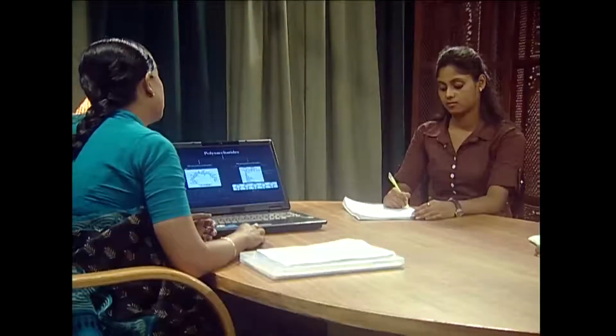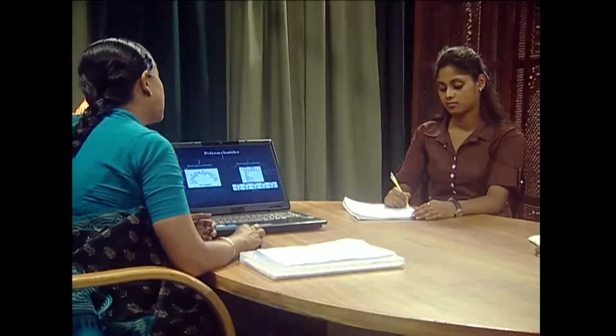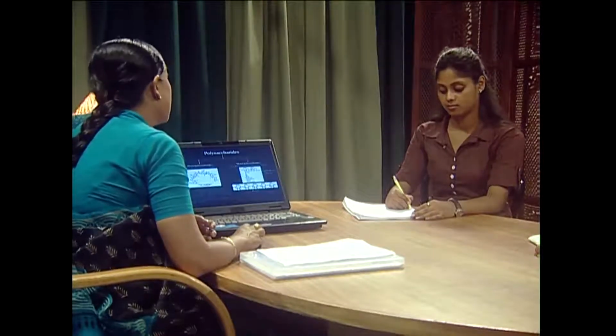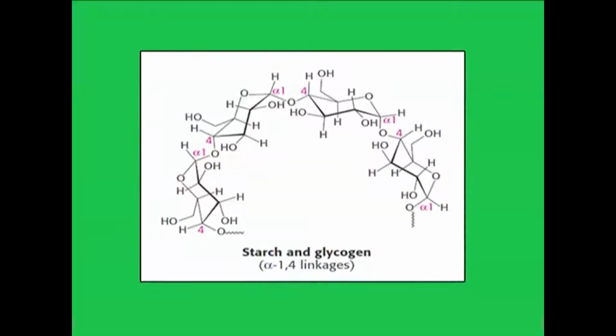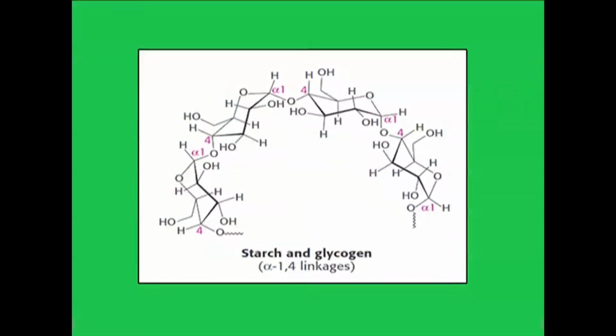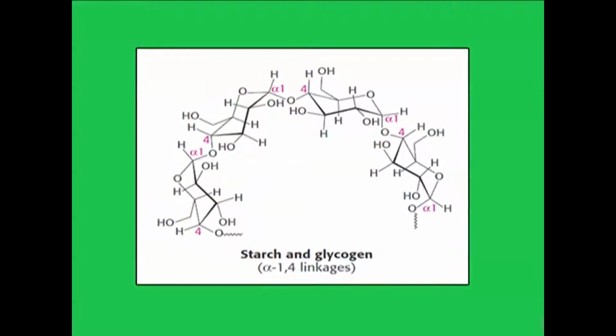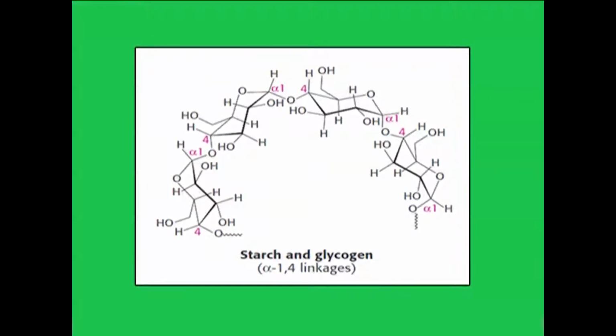The homopolysaccharides or heteropolysaccharides can be classified again as energy reserves or structural parts. So homopolysaccharides are starch and glycogen. These two are the storage forms of glucose in the cell. Starch is the storage form of glucose in the plant cells, and glycogen is the storage form of glucose in the animal cells.